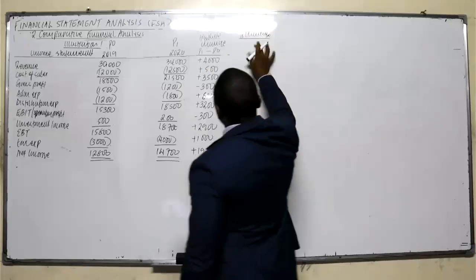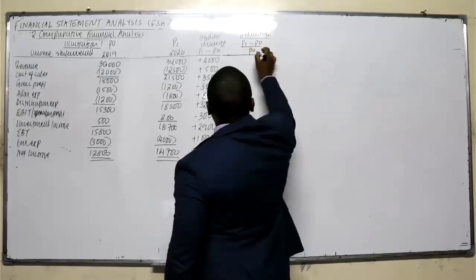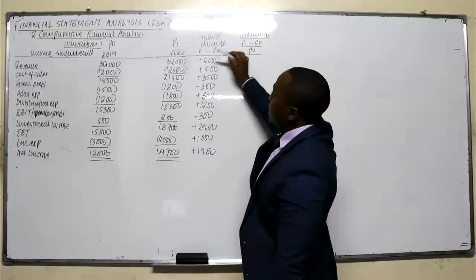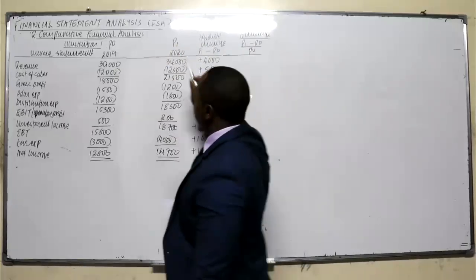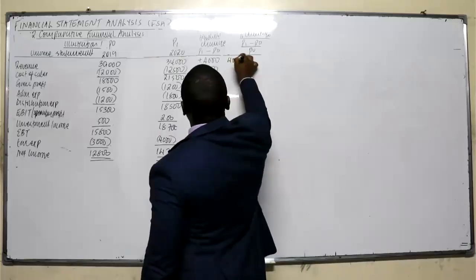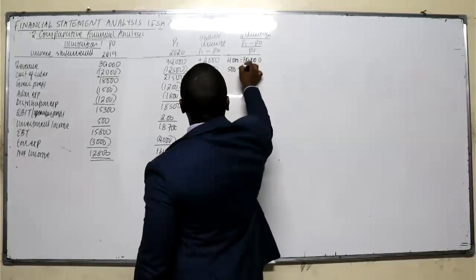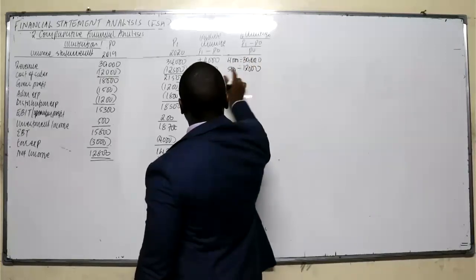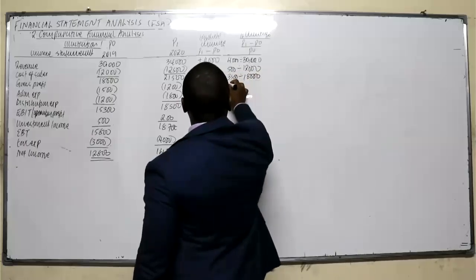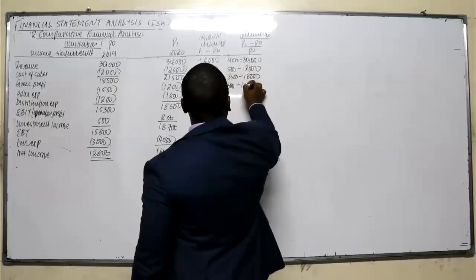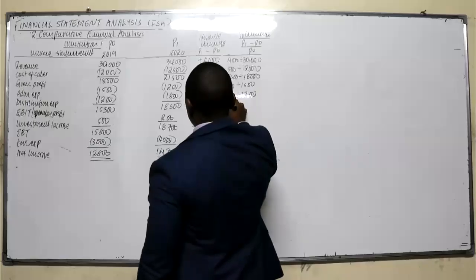Then from there, we compute the percentage change. To get the percentage change, you take P1 minus P0 over P0. For example, in this case, you'll take 4,000 and divide by the base case, which was 30,000. This one will be 500, divided by 12,000. Then 35, you divide by 18,000. 300, you divide by 1,500. 600, you divide by 1,200.